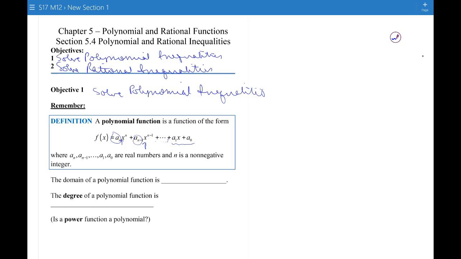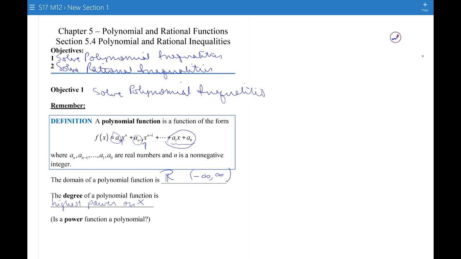And then linear is a1x plus a0, and quadratic adds another term, and so on. So the domain of a polynomial function is all real numbers, or in interval notation from negative infinity to infinity. The degree of a polynomial is the highest power on x.